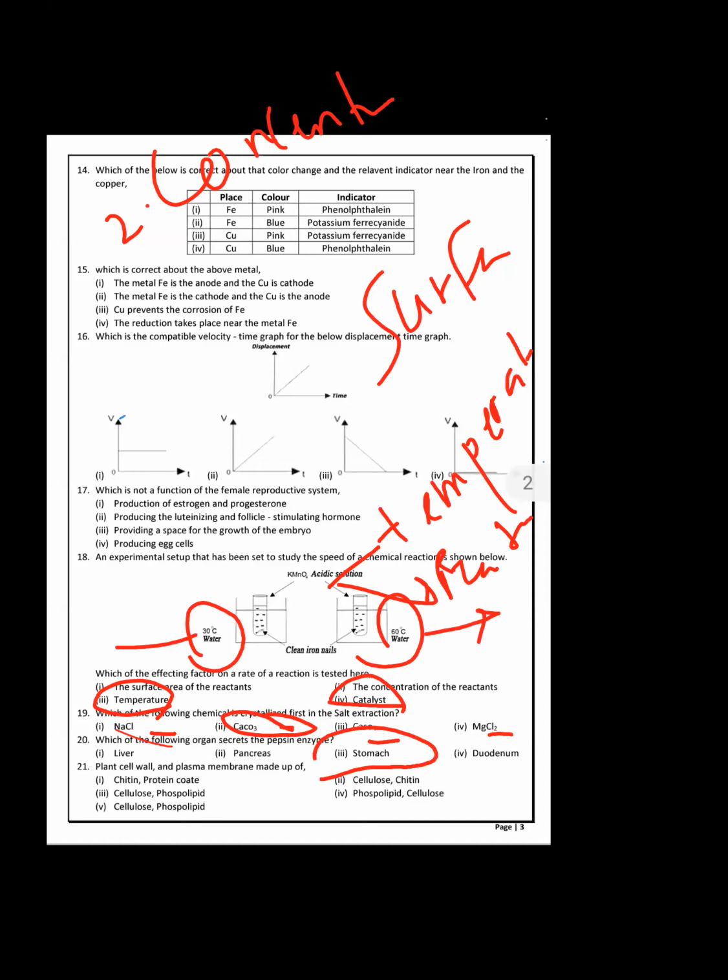It is mainly the stomach. Only the stomach can produce pepsin enzyme. The plant cell wall and the plasma membrane, 21. Plant cell wall and the plasma membrane are made up of what in a plant cell? When we consider a plant cell, this is the plant cell.